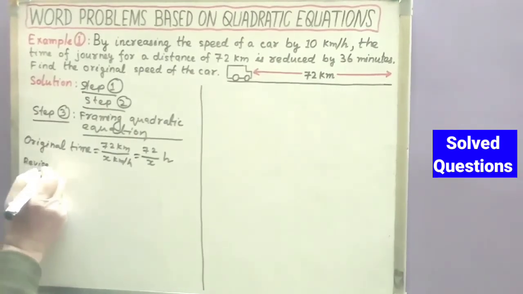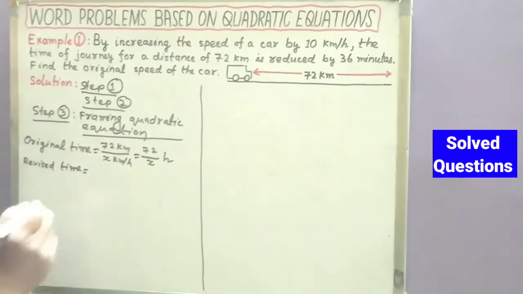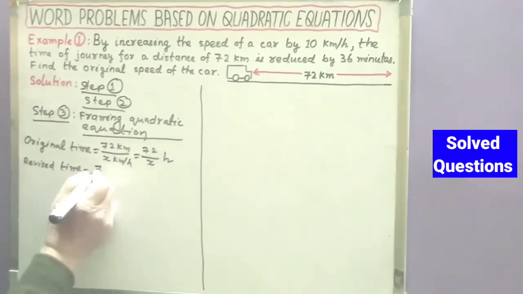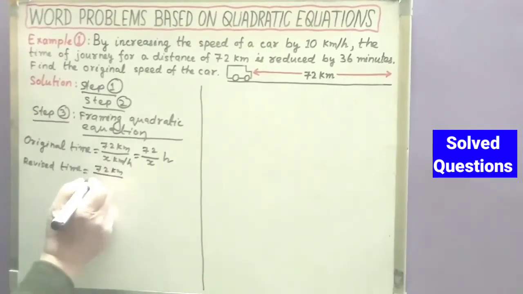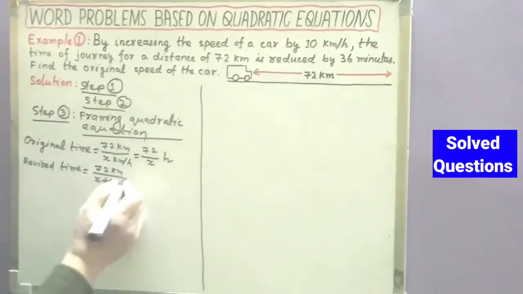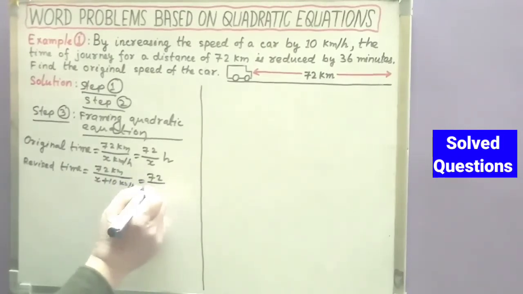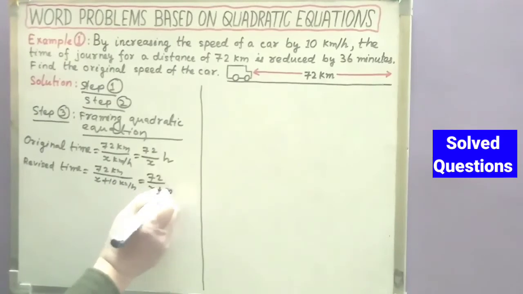Then the revised time of journey becomes 72 km upon x plus 10 km per hour, because the speed is increased by 10 km per hour, that is equal to 72 upon x plus 10 hour.